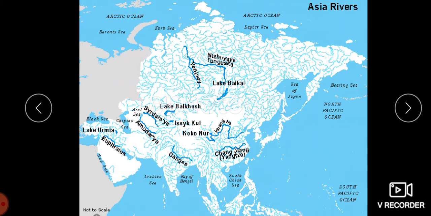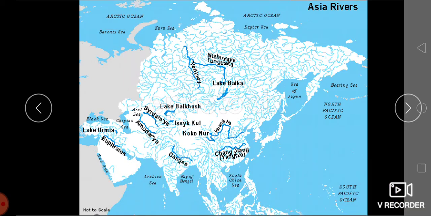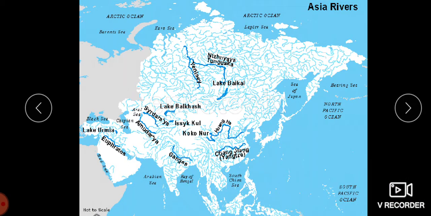Now we will move on to the Pacific Ocean river system. It includes the river Amur in Russia and the Hwang Ho, Chang Jiang, and Si Kiang of China, which drain eastwards into the Sea of Okhotsk, the Yellow Sea, and the China Seas respectively.